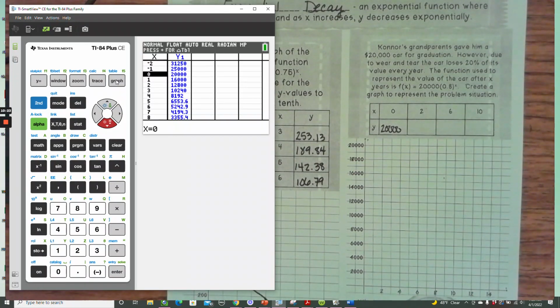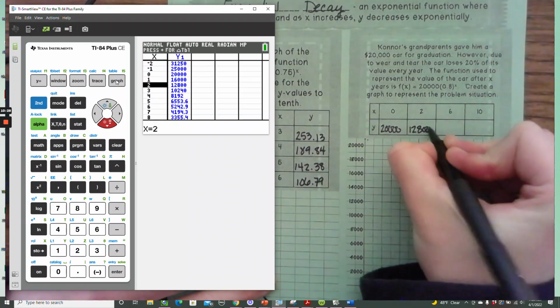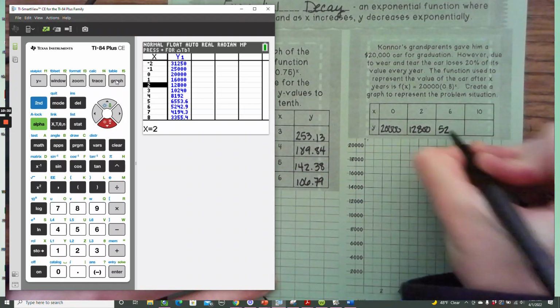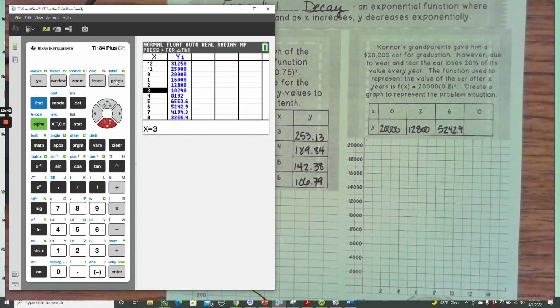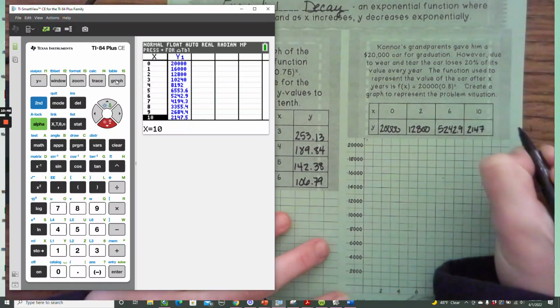And then 2 is 12,800. 6 is 5242.9. And then 10, go down a little bit here, is 2147.